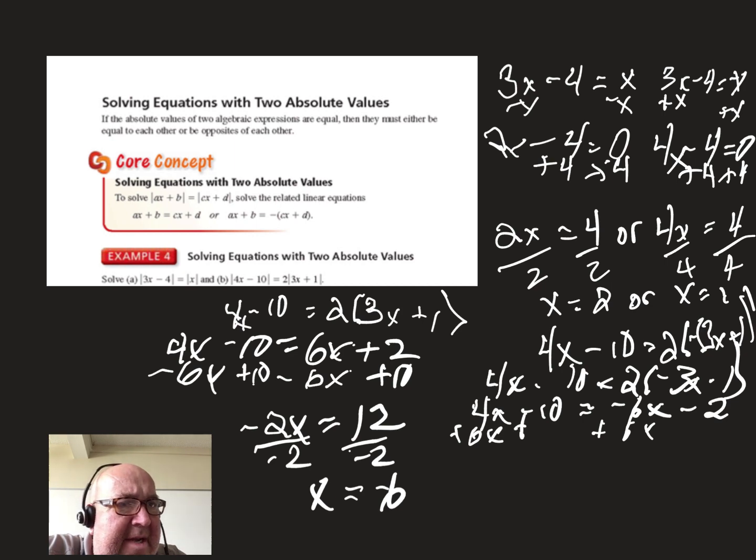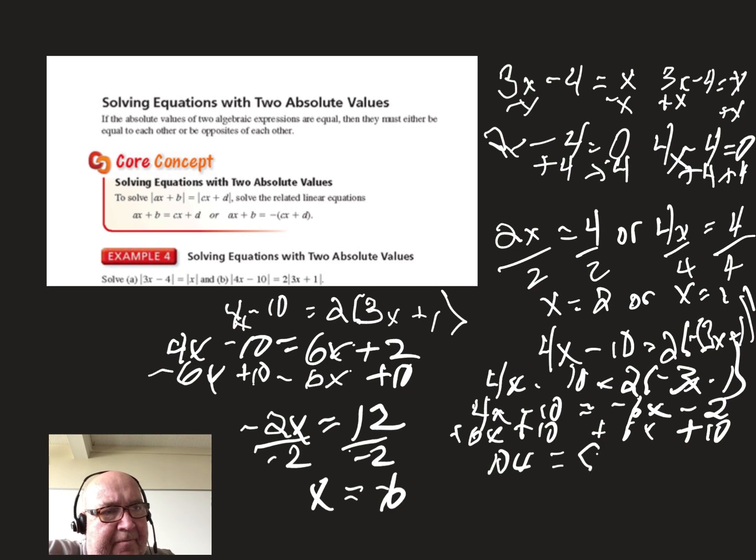We're going to add 10 to both sides. We're going to get 10x is going to be equal to 8. We divide by 10, and we're going to get x is equal to 8 divided by 10, or it's going to be 4/5.